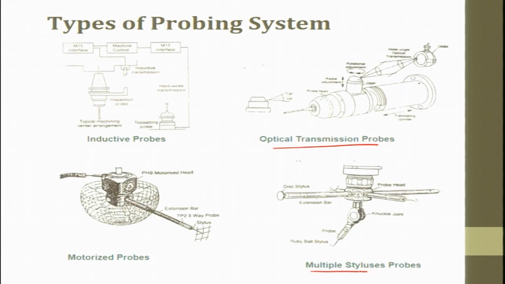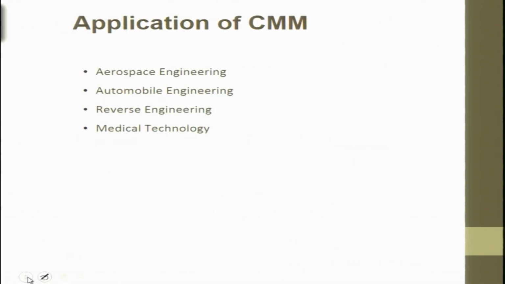Multiple stylus probes are also there. In the first three probes we had only one stylus. In the fourth, the multiple stylus probe, the system can be motorized or inductive, but we have multiple styluses, like a ruby stylus and then different styluses. This is the probing system.